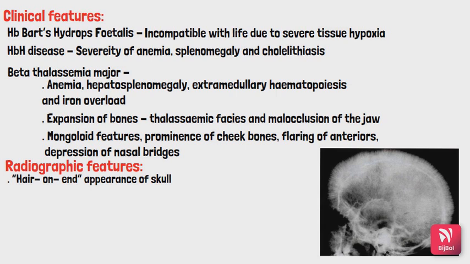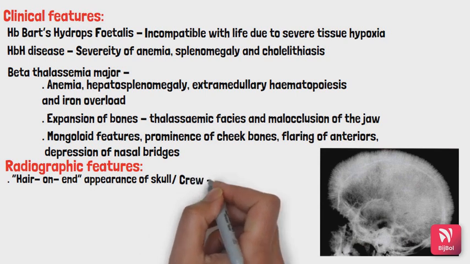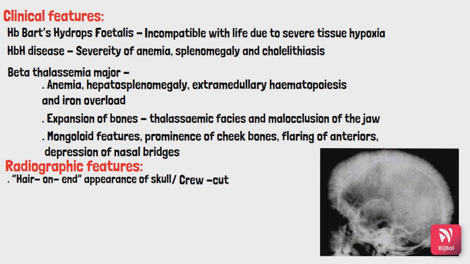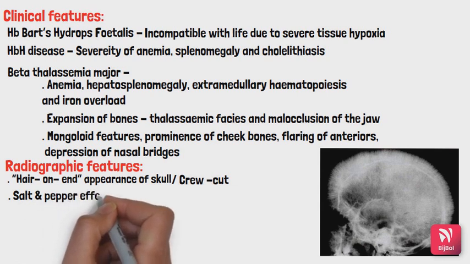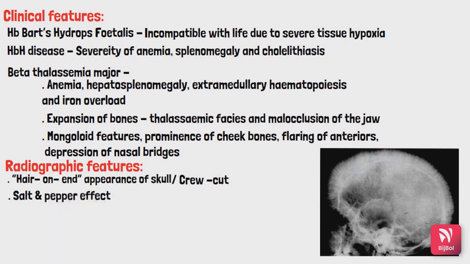Only the intervening trabeculae between plates are elongated, resulting in that hair on end appearance. This kind of appearance is also called crew cut appearance. It's like small hair on the skull. There is one more feature called salt and pepper effect because of the coarsening of the trabeculae of the bone. So these two are important radiographic features of thalassemia.